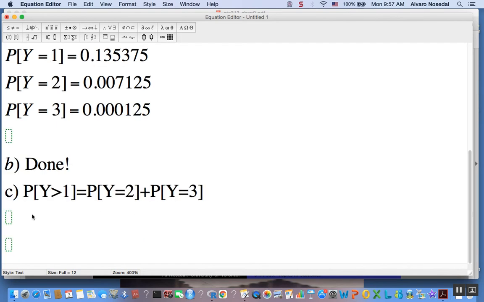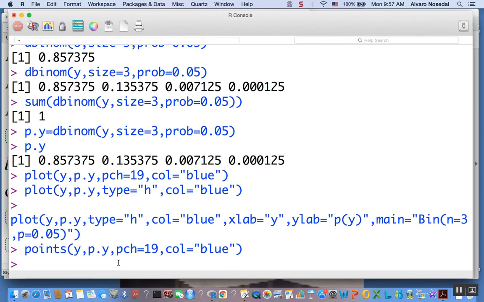Another way of finding this, well, let's do it directly. It would be just, hey, we use the dbinom function at the following values, 2 and 3, size equals 3, probability 0.05, probability of success.